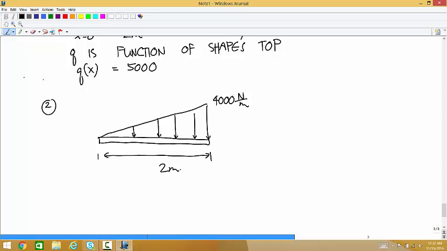Well, q of x is going to be a linear function. So I'm just going to write it like this. Q of x is equal to mx plus b. This is x equals 0. Positive x goes to the right.